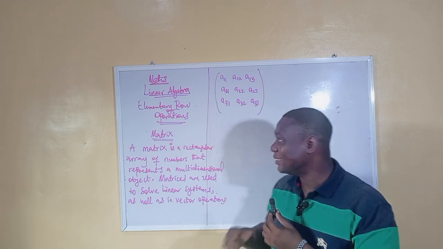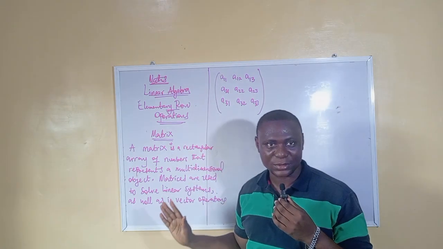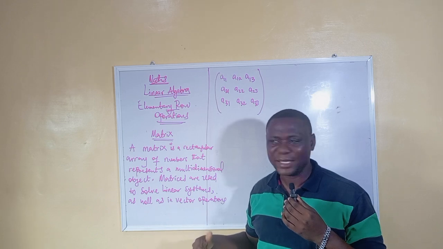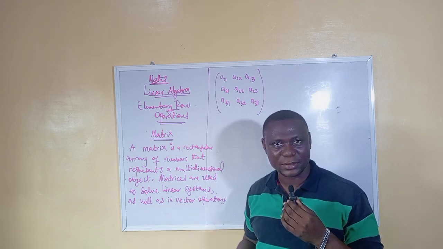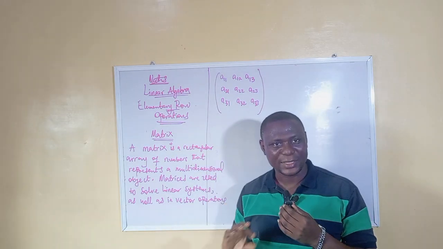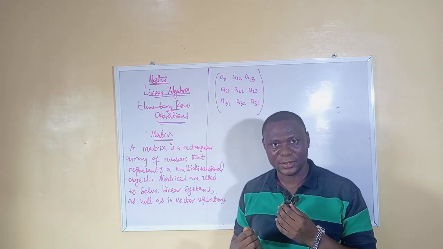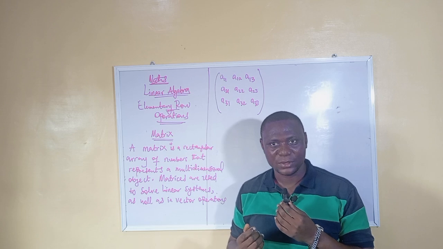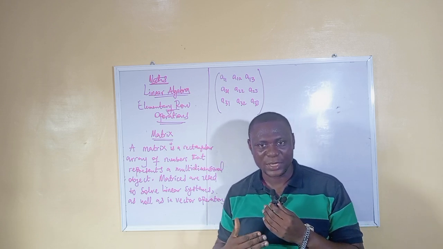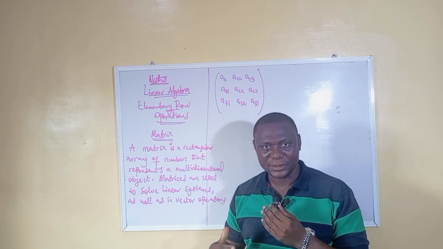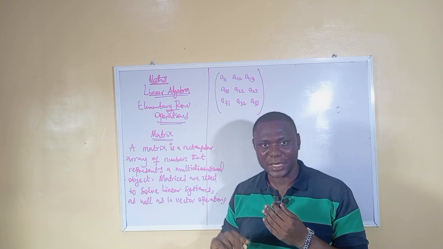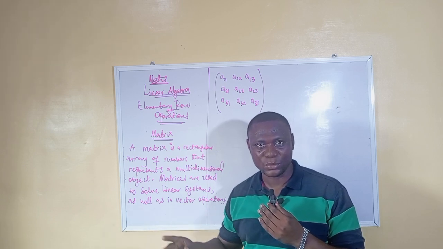The topic is elementary row operations. In the last video, I think I'm going to be creating a playlist for this, so that it's easy for everyone to follow layer by layer, because this is where students struggle. I want everything laid down so that after this video, this is the next one.